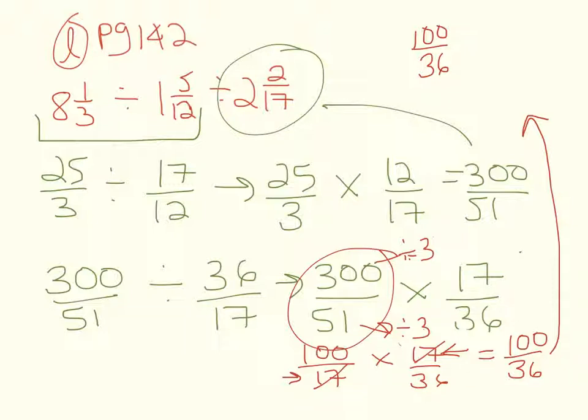So the question to ask ourselves is, well, how many times can 36 go into 100? And the answer, if you put 100 divided by 36 into your calculator, you get 2.7777778 or something like that. So it can go in 2 whole times. 36 multiplied by 2 gives us 72.